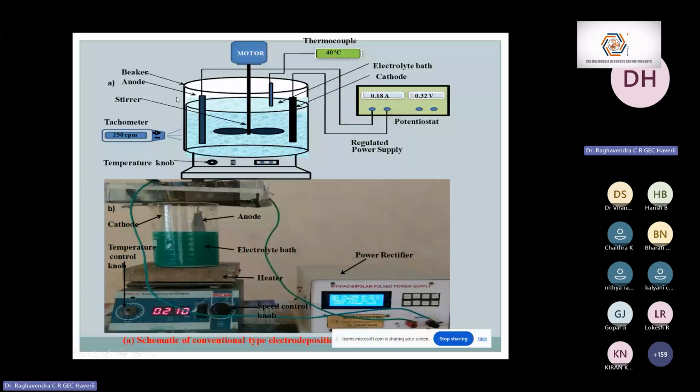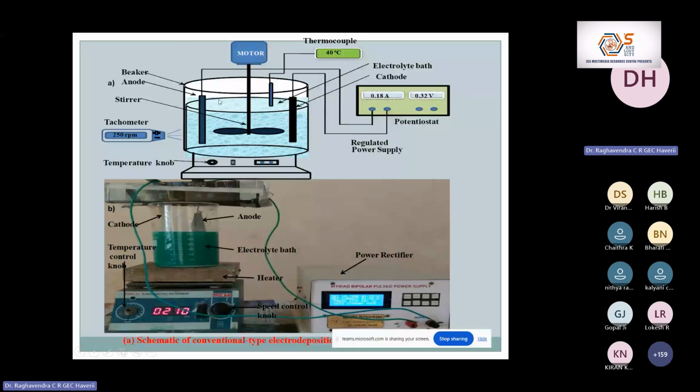And then we will also have a stirrer, as I've already told you, this magnetic stirrer will be extensively used in order to avoid the agglomeration of the nanoparticles. These nanoparticles are used as secondary phase particles which will be dispersed in the electrolyte bath.